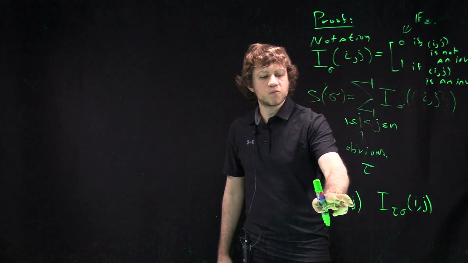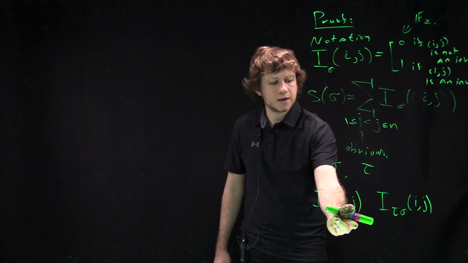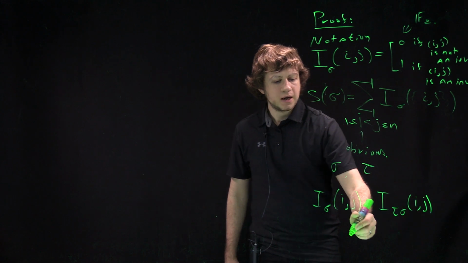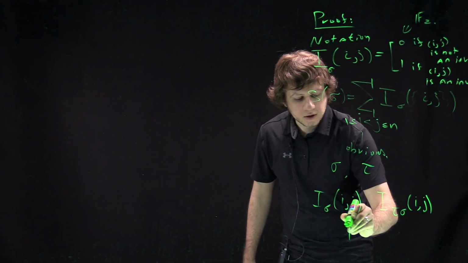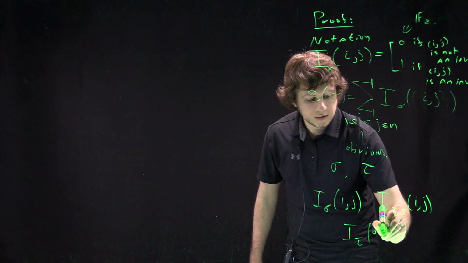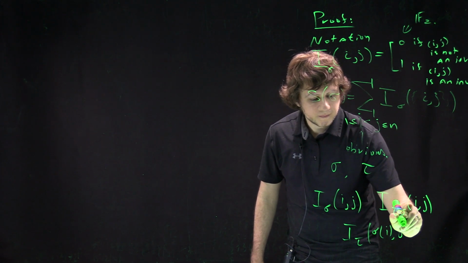So this tells me what sigma does with i and j. This tells me what sigma tau does with i and j. And let's also look at the number I tau of sigma of i, sigma of j.